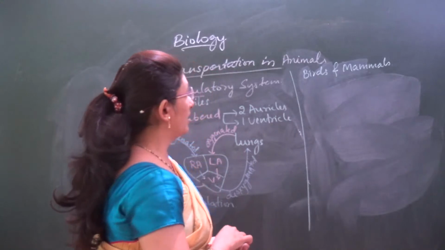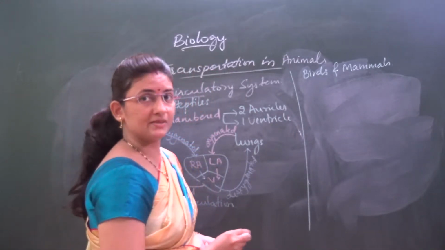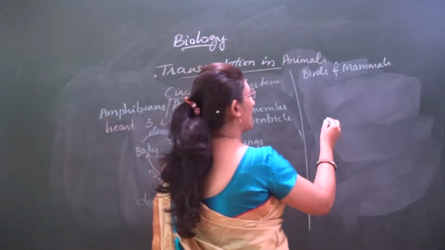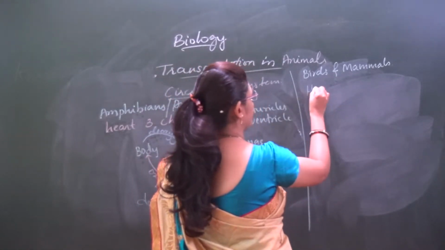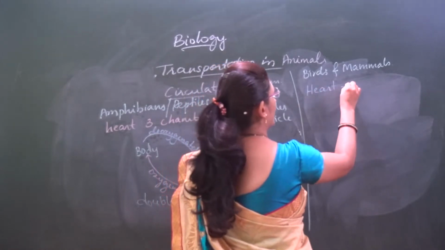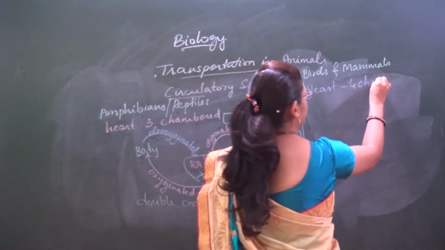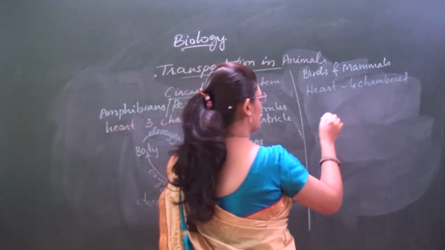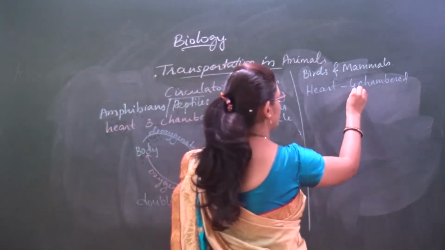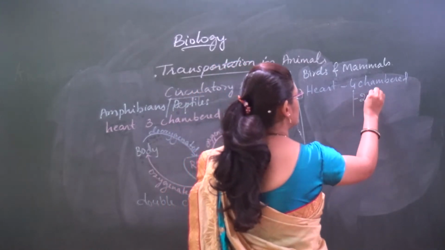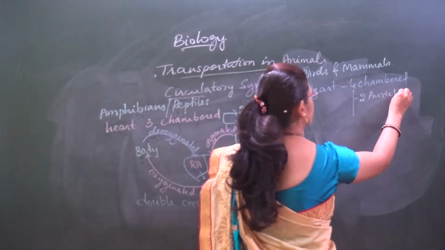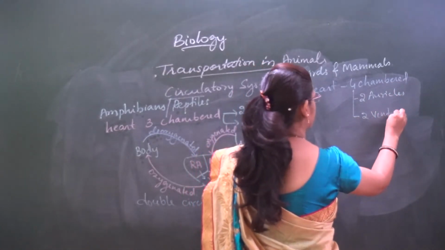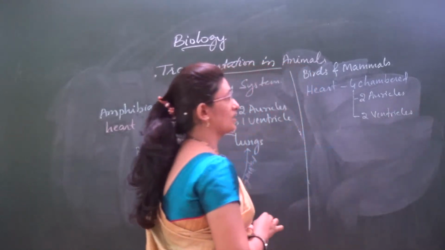Now, in case of birds and mammals, as these are warm-blooded organisms, the heart is four-chambered. When it is four-chambered, it consists of two auricles and two ventricles. Right?